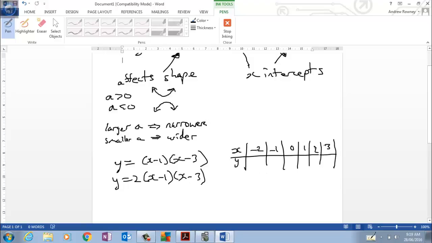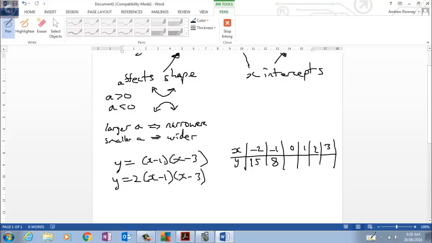Now when we put -2 into the x, -2 take 1 is -3, -2 take 3 is -5, -5 times -3 is 15. When we substitute -1 into the x, we have -1 take 1 is -2, -1 take 3 is -4, -4 times -2 is +8.